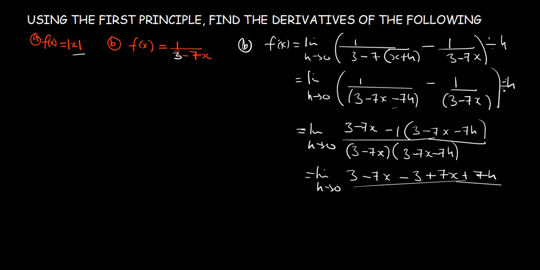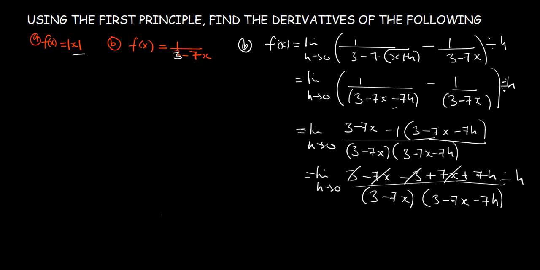So upon us dividing throughout by h, so we are saying now what is common? What is down there is 3 minus 7x, like that. Then 3 minus 7x minus 7h, like that. Okay, then from there on top you can see 3 goes and 3 goes, right? 7x goes.